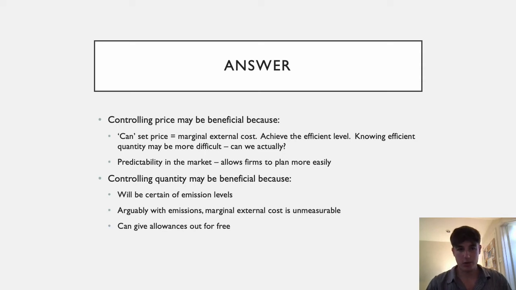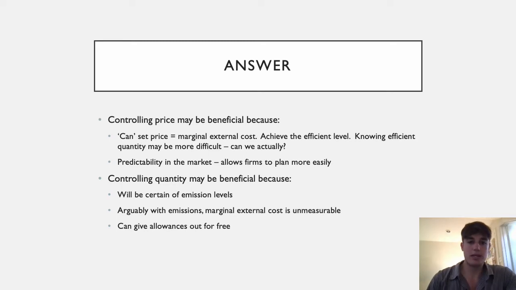Now, here's the overall answer. Controlling the price may be beneficial because we can set price equal to marginal cost. Now I say can because it's pretty hard to know exactly what the marginal external cost is. But if we can do that, then we can achieve the efficient level of production.